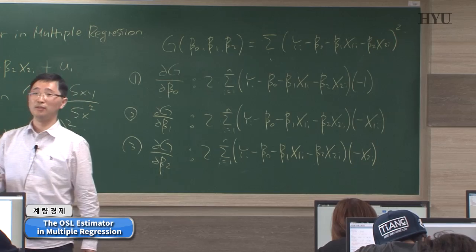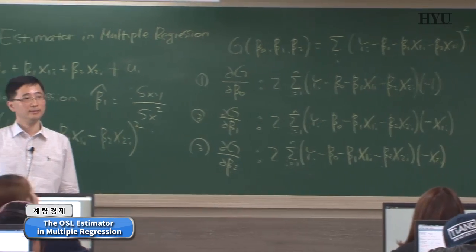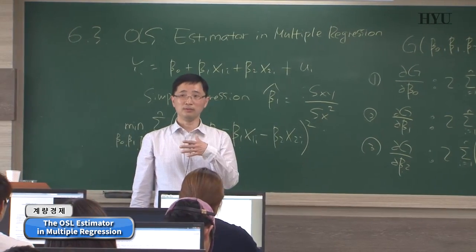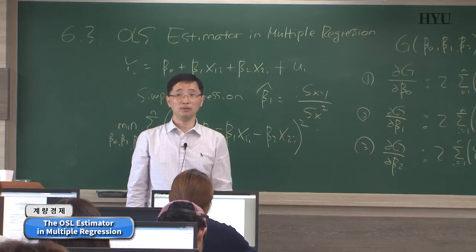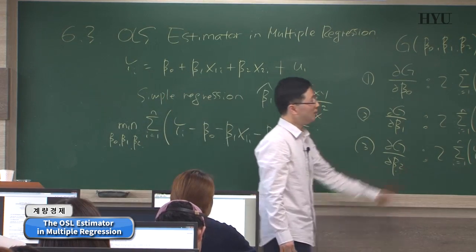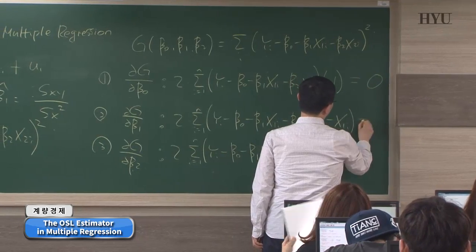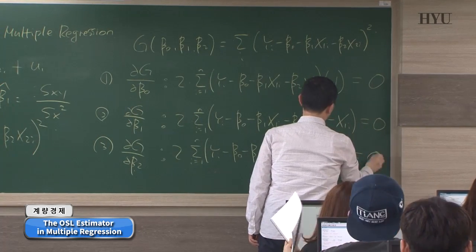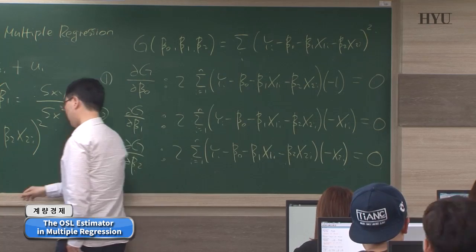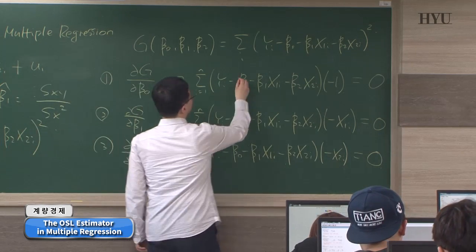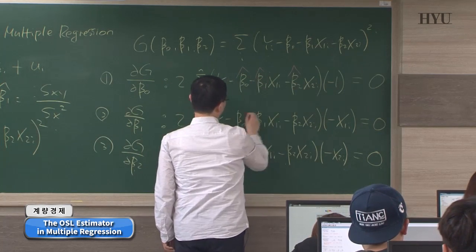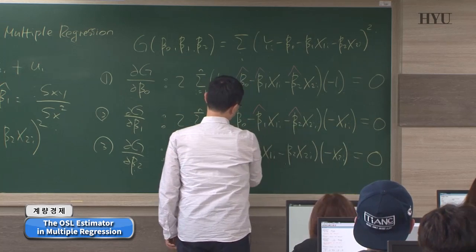So those are the three derivatives, right? And once you have derivatives, we like to have the first order conditions, which is forcing them to be 0. It doesn't have to be 0, but it can be 0 at special points of those betas. And those special values, we call them the hats.